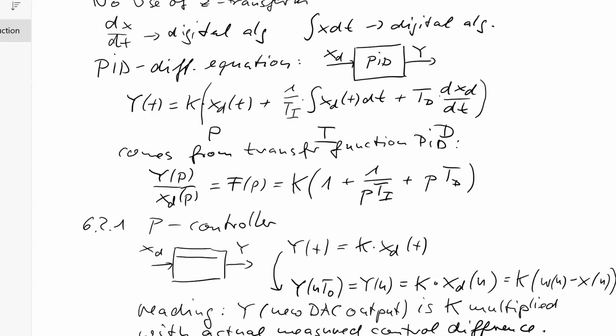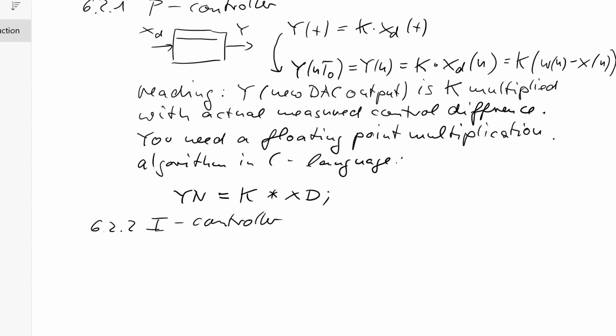Independent of this, I just convert the integration signal, and then we can use the complete equation to calculate the complete algorithm. So in the I controller, I want to have an output signal, say u of t, equal to the integration of xd of t dt, and the integration works from 0 to a special time t1, and I want to have now the conversion of this.